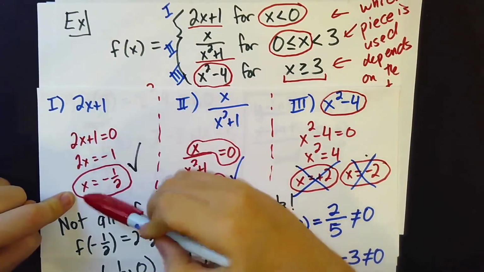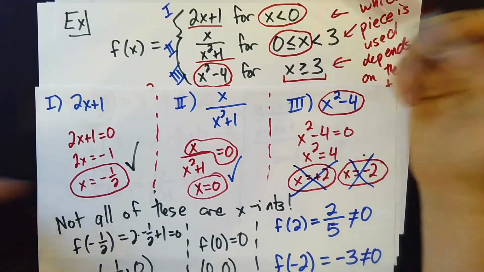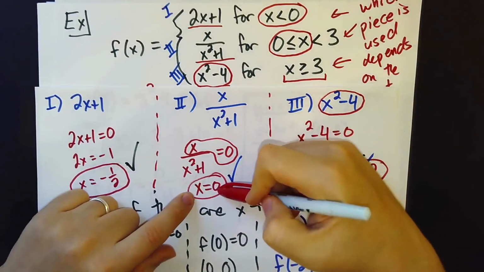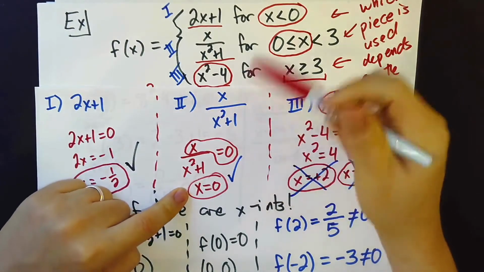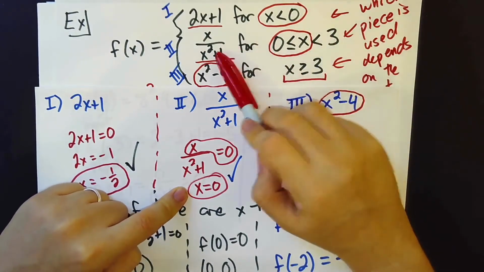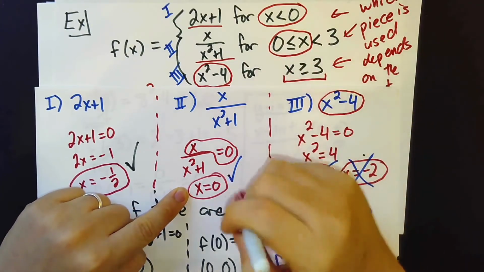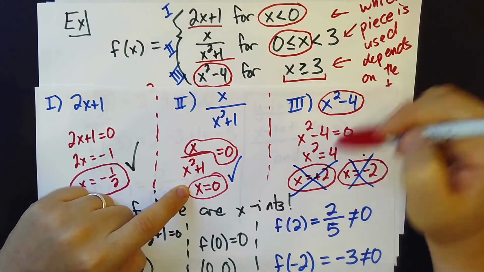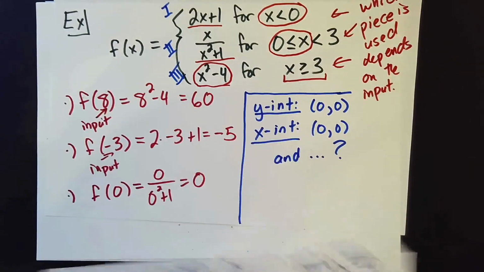I found that that happened when x is minus a half, and minus a half really is less than 0. Hooray, I get a genuine x-intercept. For line 2, I solve for when that's 0. I get x equals 0. I look at this. 0 just inches in to the second line, so this is a real x-intercept. But then these, they do not end up in the third line, so no x-intercepts.